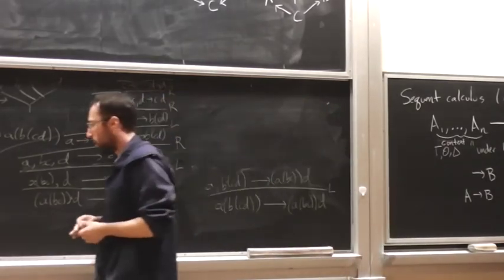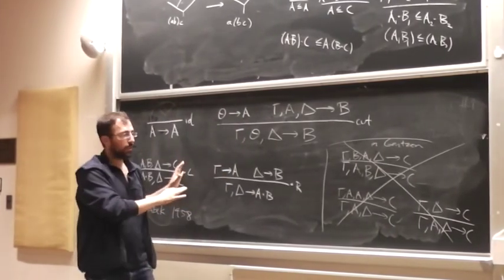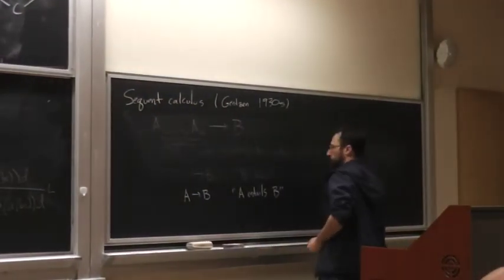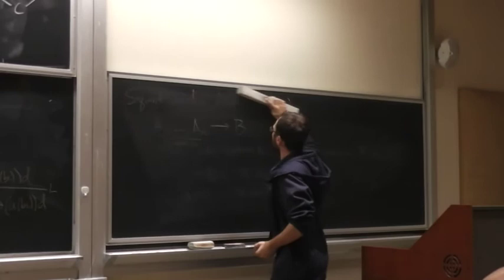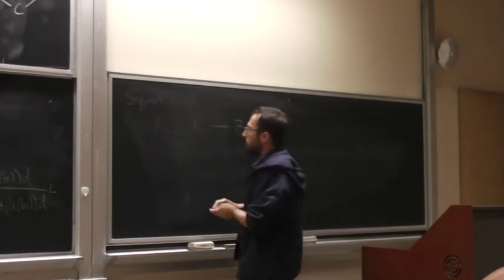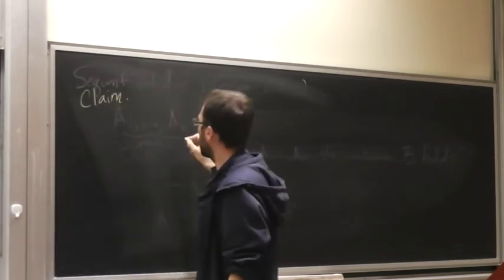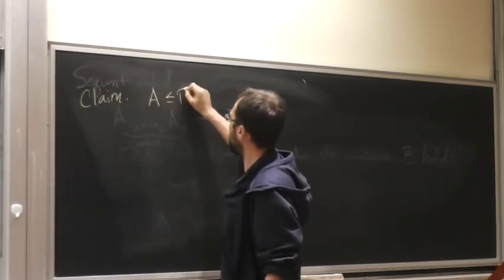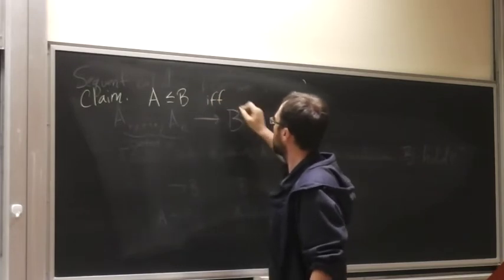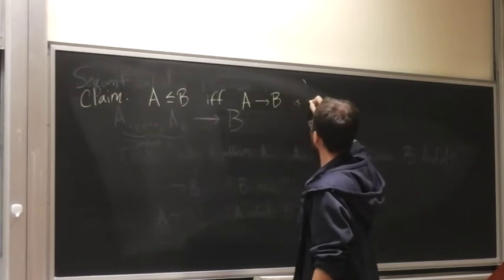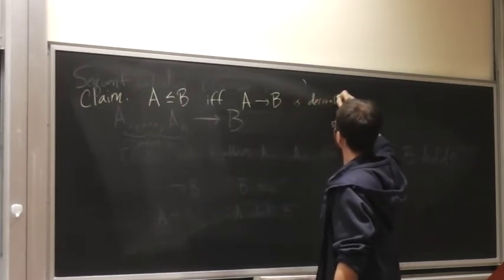So the first thing that we want to prove is that, in fact, this really captures the Tamari order. So I'm going to just state that. A is less than or equal to B, just in case A arrow B is derivable in the sequent calculus.